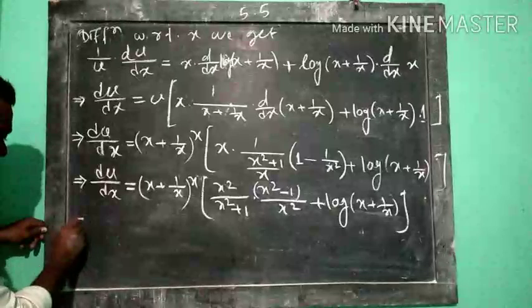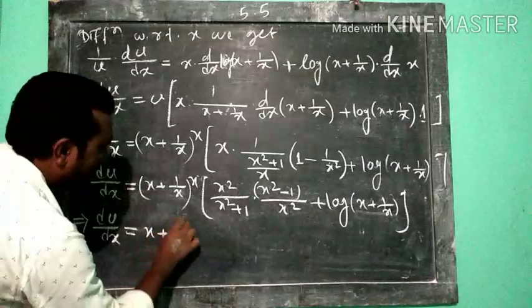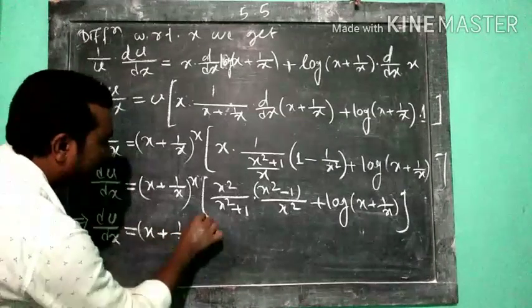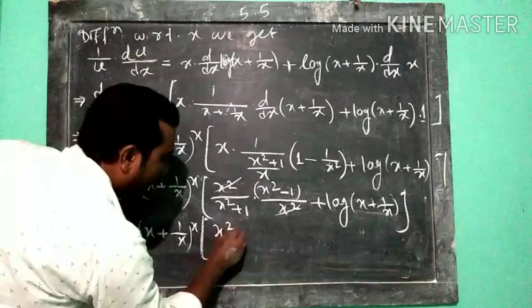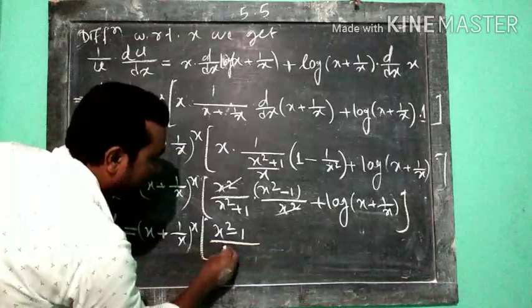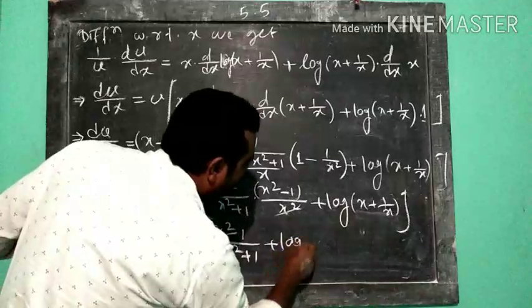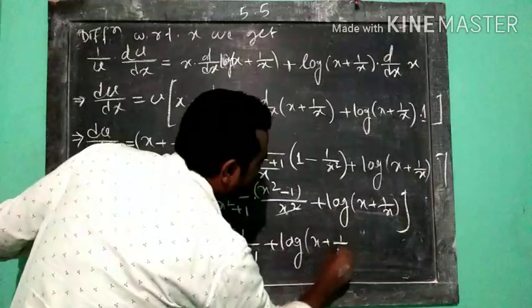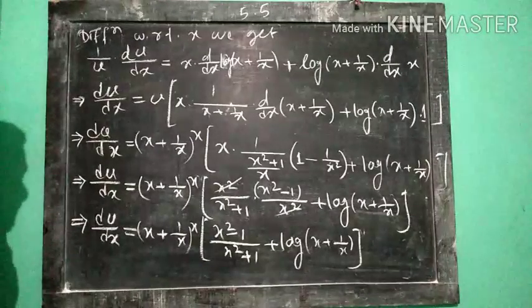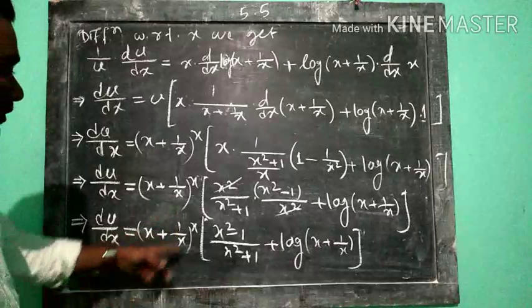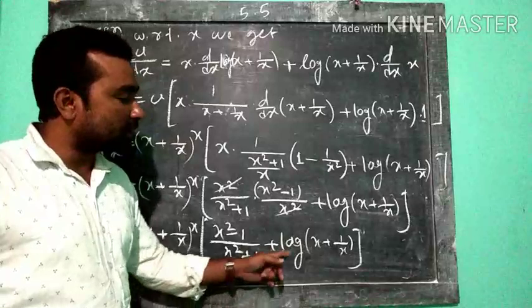The x square cancels out, and the remaining is x square minus 1 divided by x square plus 1 plus log of (x plus 1 by x). So finally we get du by dx equal to (x plus 1 by x) whole to the power x whole into x square minus 1 divided by x square plus 1 plus log of (x plus 1 by x).